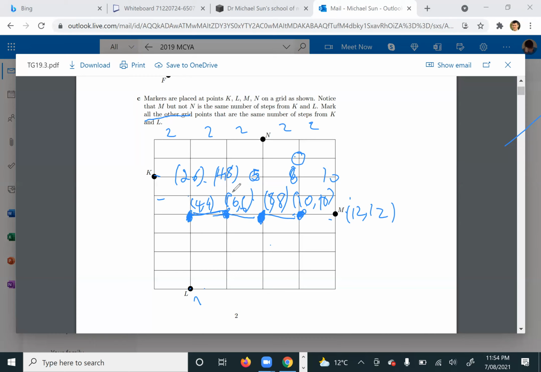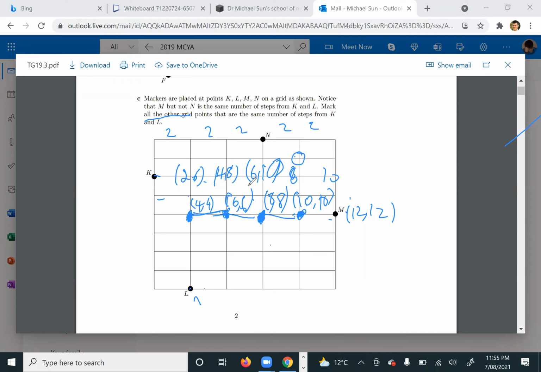So 6 plus 2 is 8, yeah? 8 plus 2 is 10, yeah? So these numbers being different means they're different distances.